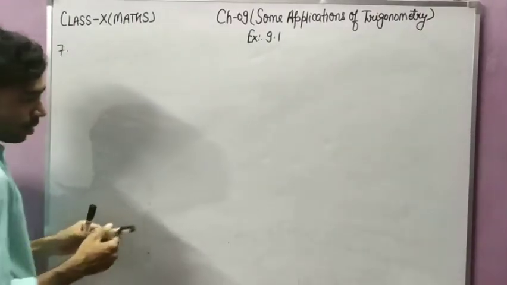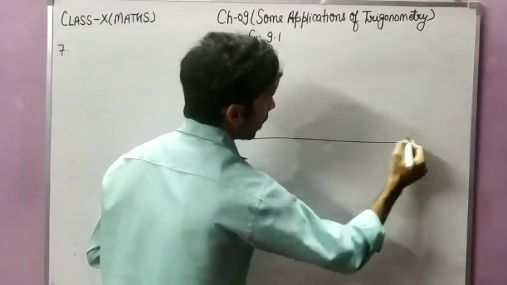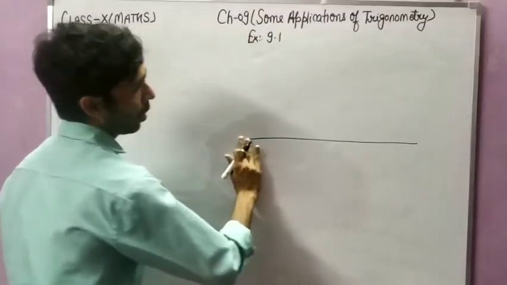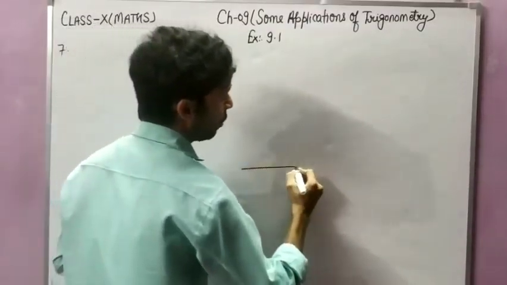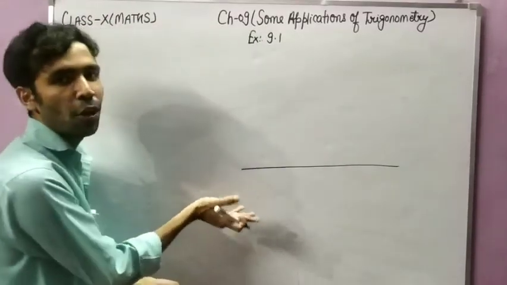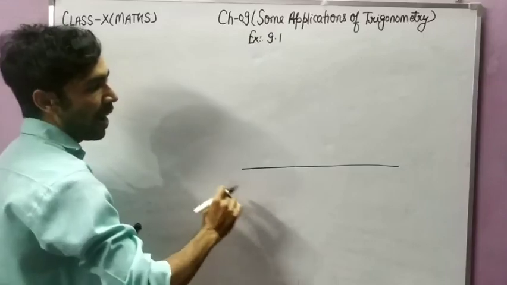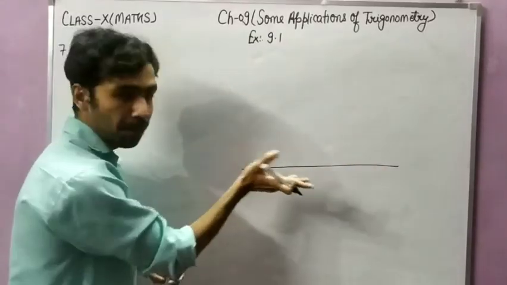Now students see, suppose there is a ground. This line can be straight or bended, because I am seeing it as a straight line, but in front of you it might be slanted.